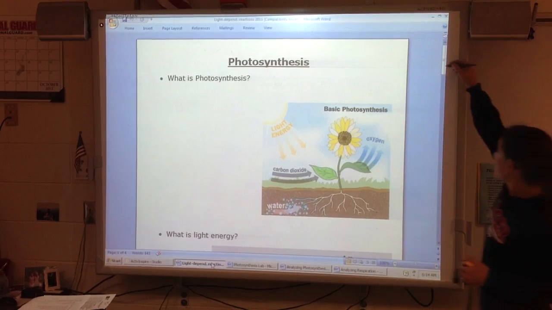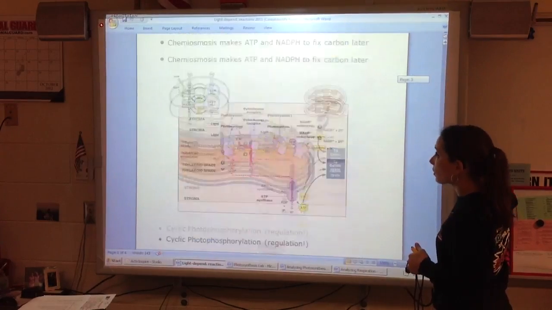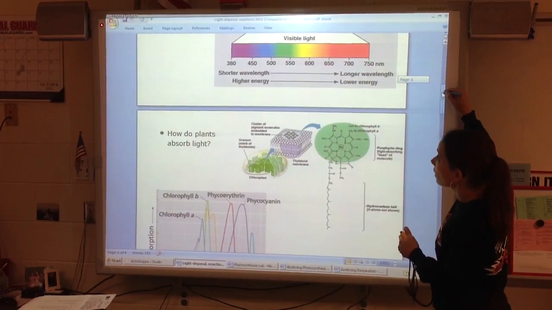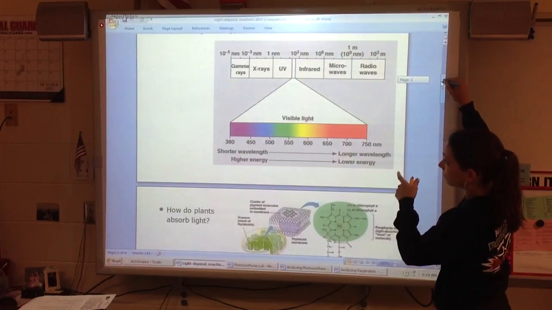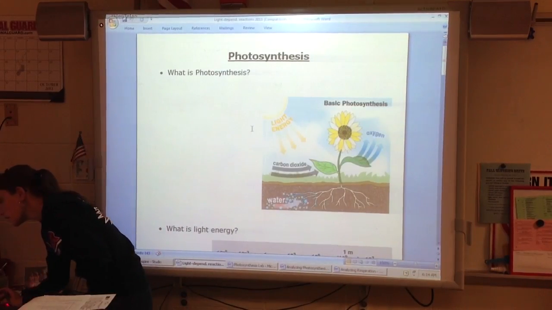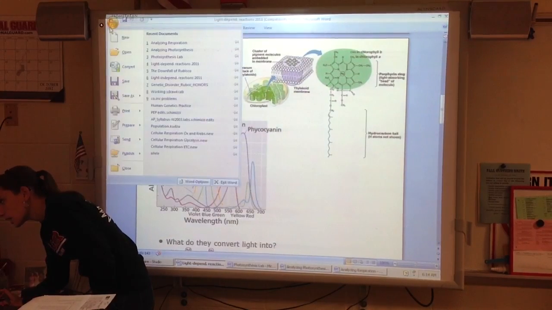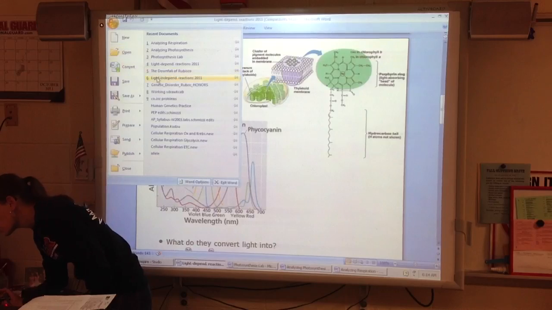Up photosynthesis, we ended with the Calvin cycle. So we underwent the light-dependent reactions. We know a little bit about light and how much light we need and what form of light we need.